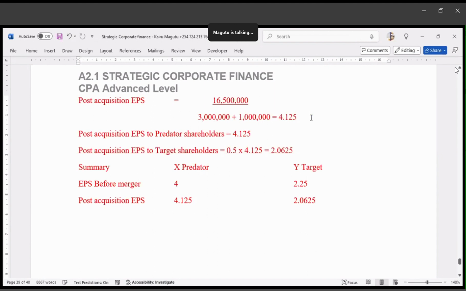Now, when you look at that, this is what you are concerned about, the dilution of the EPS.